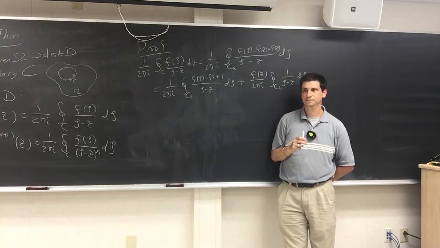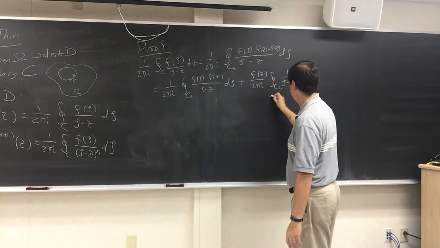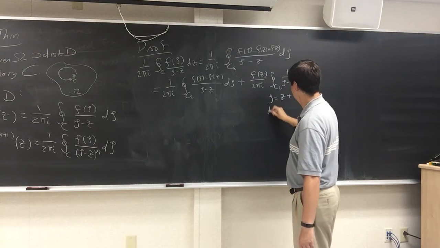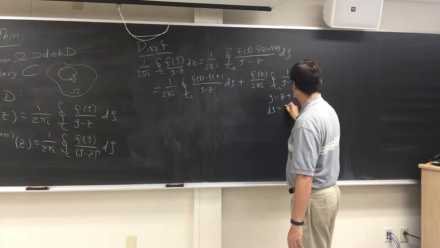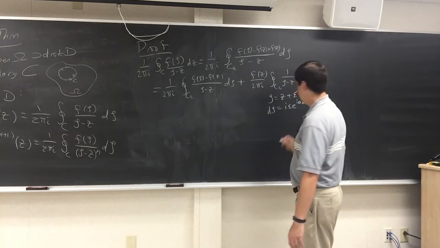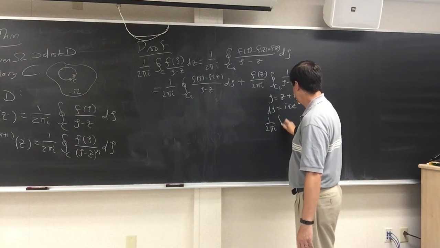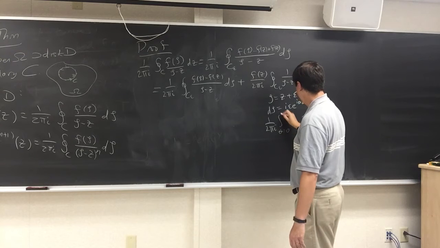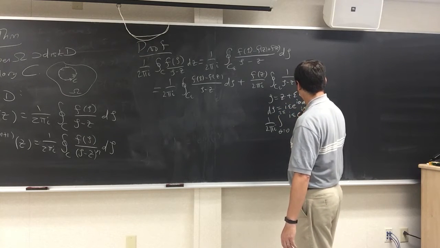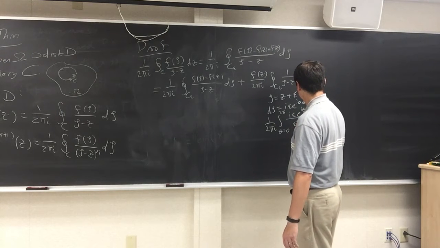Well, we know how to integrate 1 over zeta minus z. We just write zeta is z plus epsilon e to the i theta. d zeta is going to be i epsilon e to the i theta d theta. So when we do this integral, we'd have 1 over 2 pi i integral theta goes from 0 to 2 pi of i epsilon e to the i theta d theta over epsilon e to the i theta.